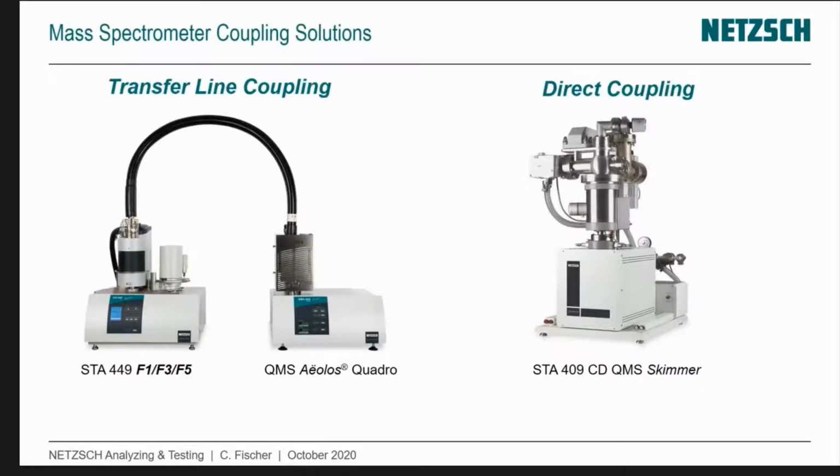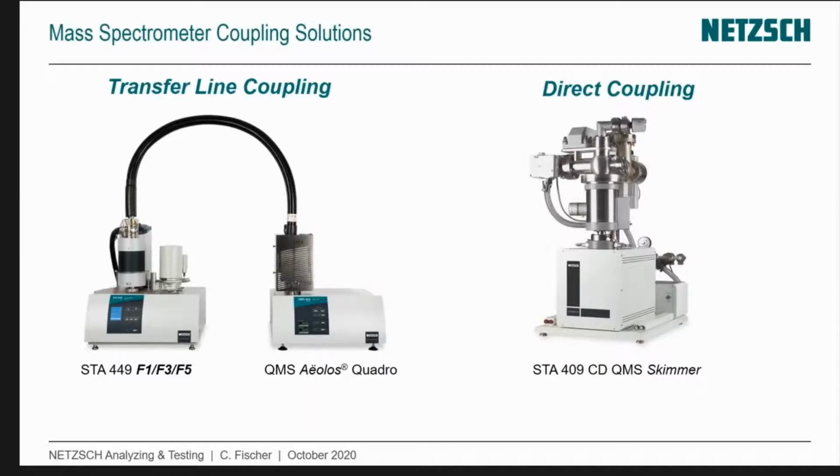On the left, you can see the coupling over the capillary made from silicon to the Aeolos Quattro. The pressure reduction to the mass spectrometer is realized over this capillary. On the right, you see the direct coupling, the so-called skimmer coupling. The pressure reduction to the MS, which sits directly on top of the furnace, is realized over a two-step orifice system.